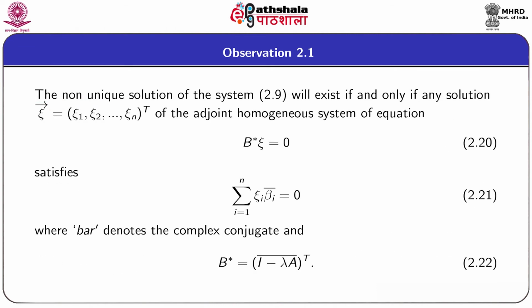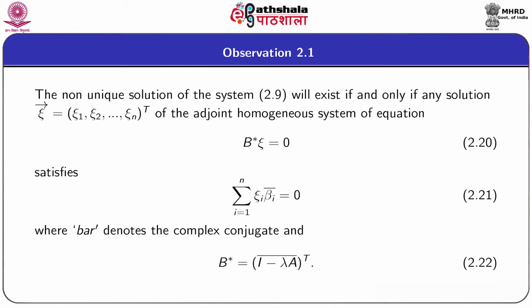The non-unique solution of the system of linear equation 2.9 will exist if and only if any solution given by the xi vector of adjoint homogeneous system of equation given by equation 2.20 satisfies equation 2.21.